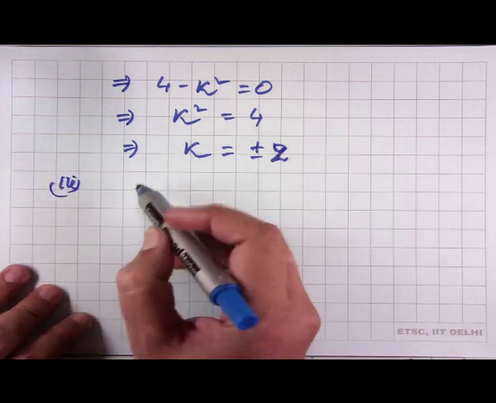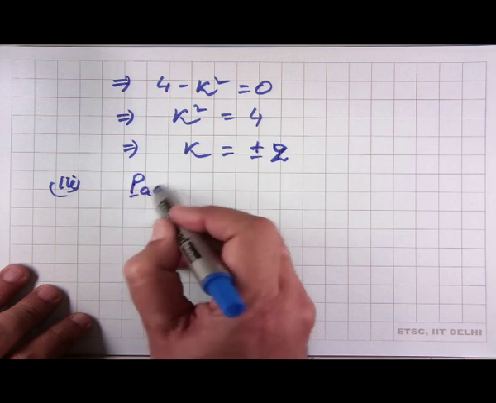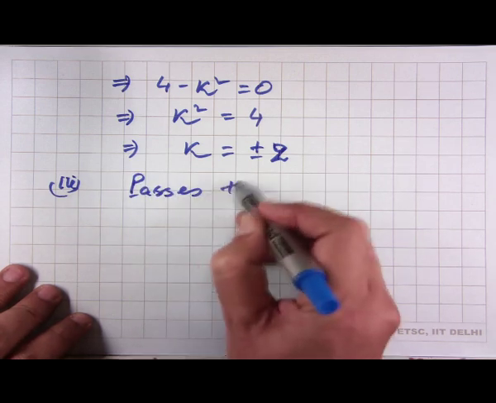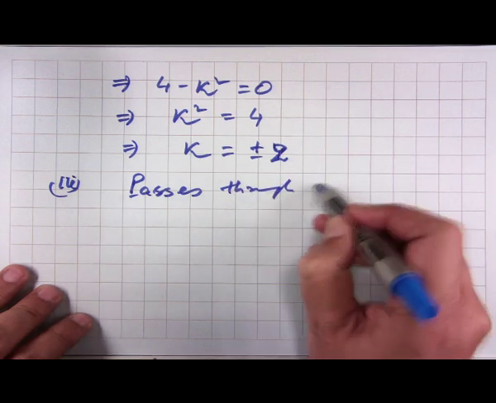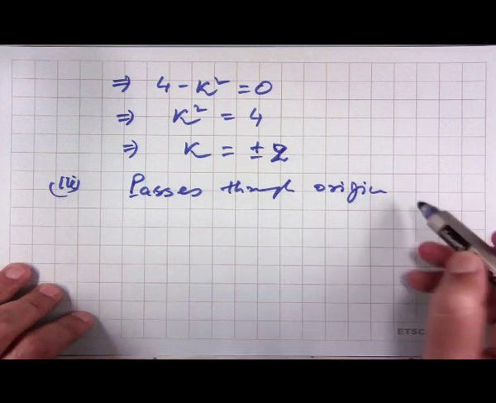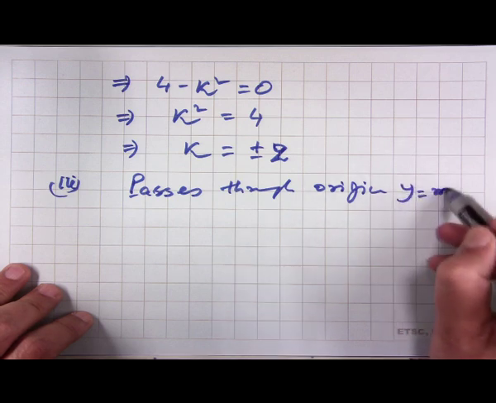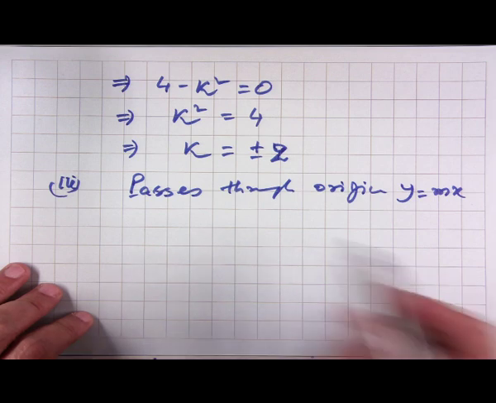Third, passes through the origin. Any line that passes through the origin has c equal to 0.